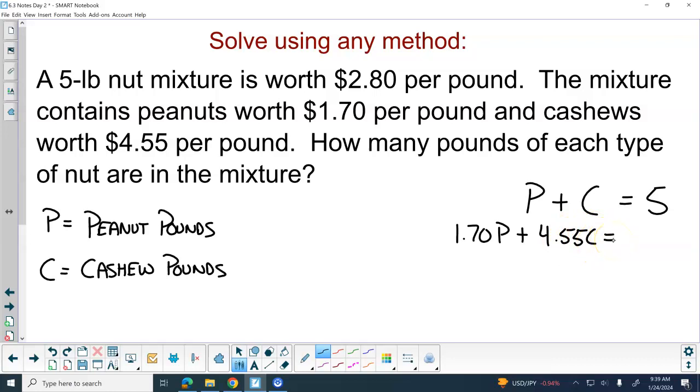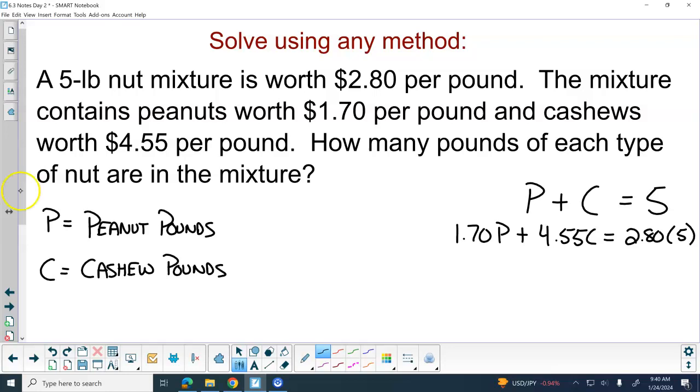And how much is the mixture worth? 2.80 times 5, because that's the value for each of those.